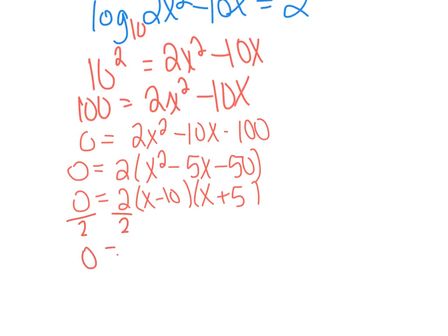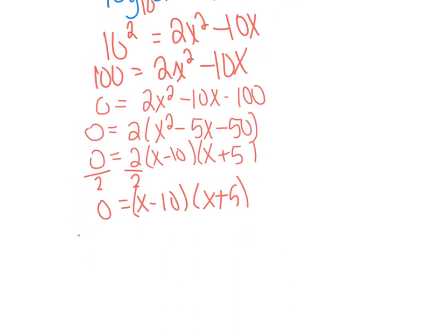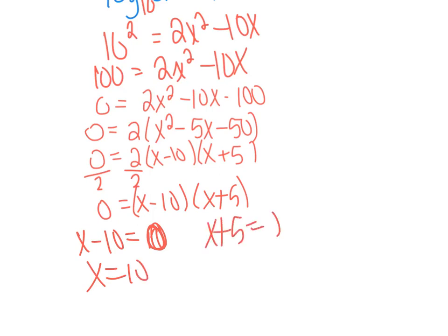You have 0 equals x minus 10 times x plus 5. Set each one of those equal to 0. If x minus 10 equals 0, that means x equals 10. If x plus 5 equals 0, that means x equals negative 5.